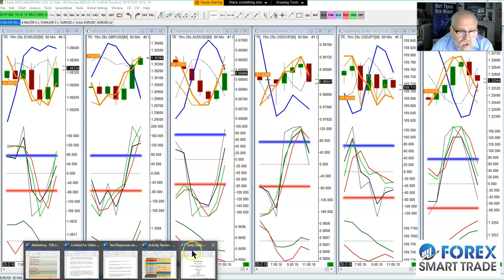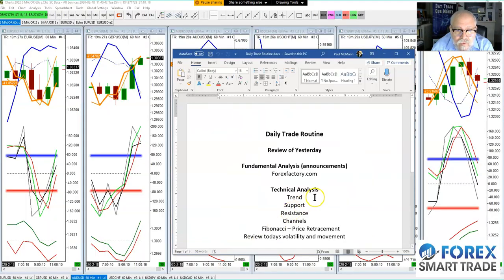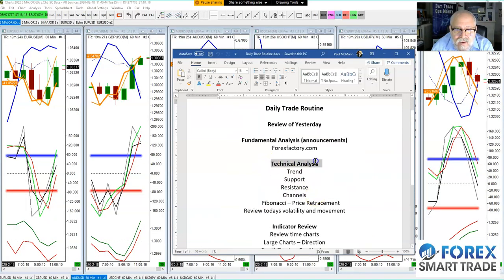So, if we go back to our trade routine, I want to do a little bit of technical analysis. So I want to find the trend. I want to find the support and resistance. I want to see what channel it's in. I'm not going to do Fibonacci price retracement because we haven't taught you that.